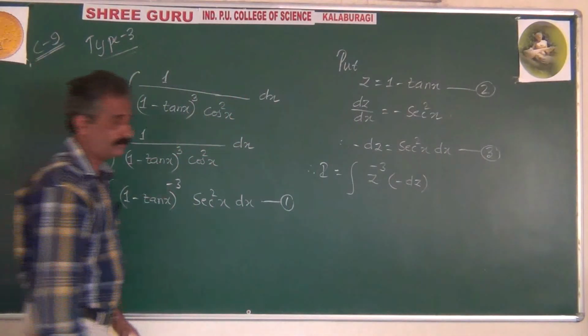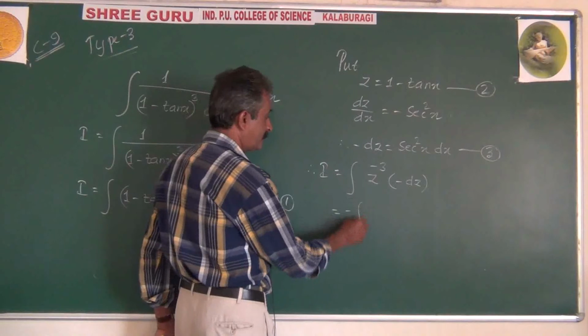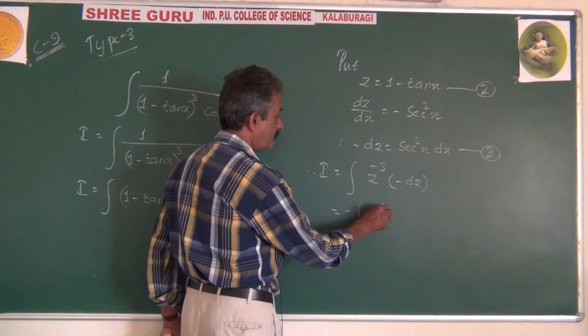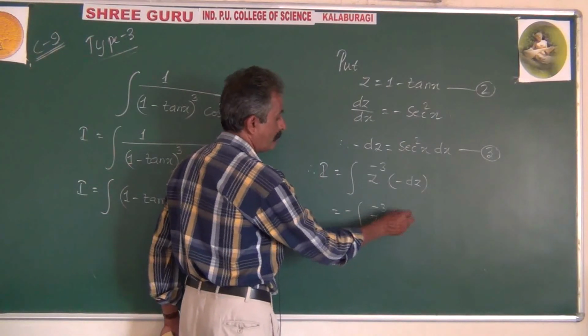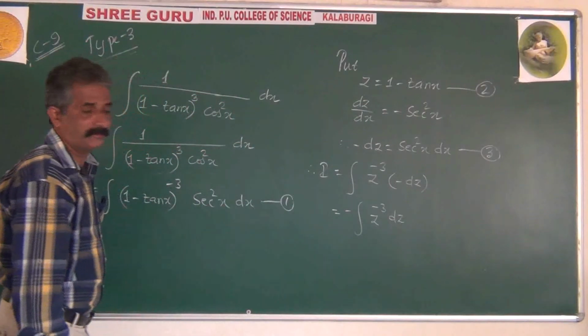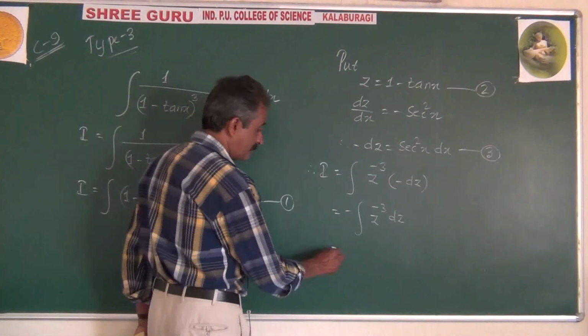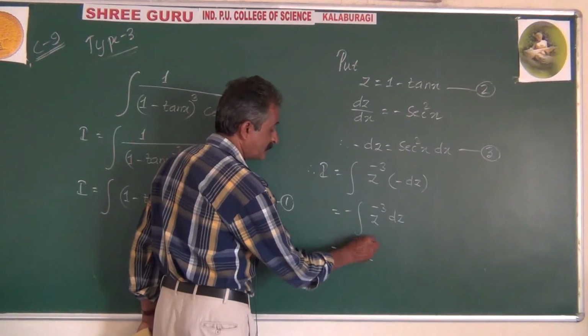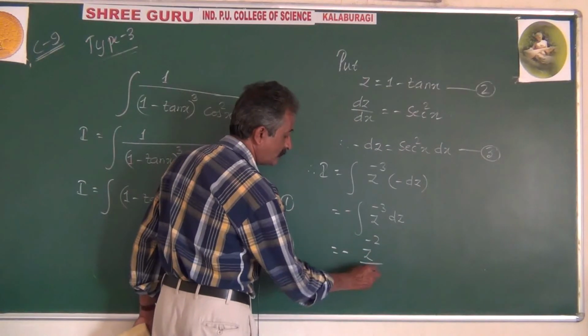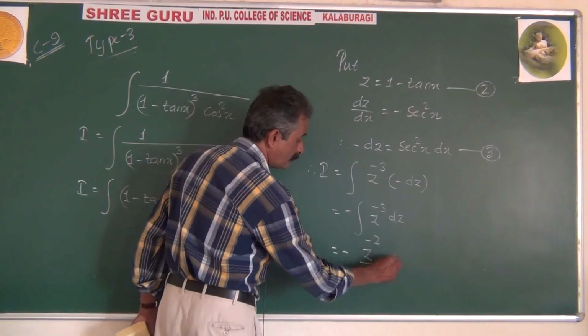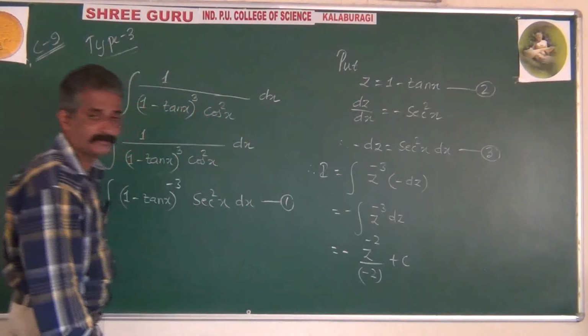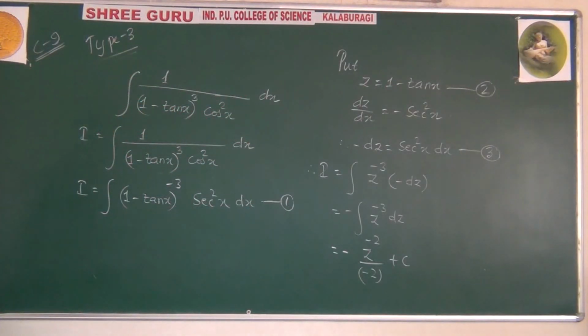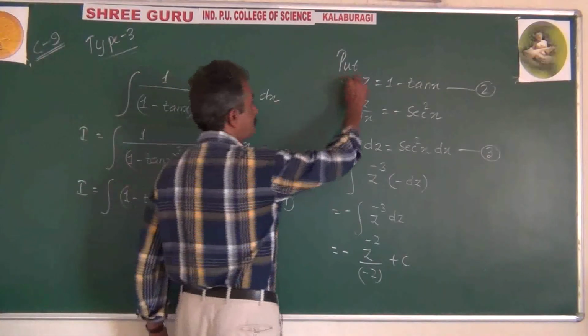Minus will be outside. Minus of integration z to the power minus 3 dz. So now integration of z to the power minus 3 is z to the power minus 2 divided by minus 2, plus c. Replace back value of z. What is z? 1 minus tan x.